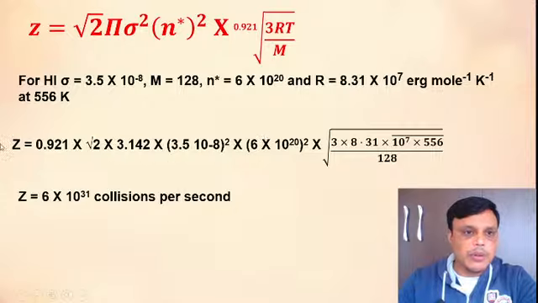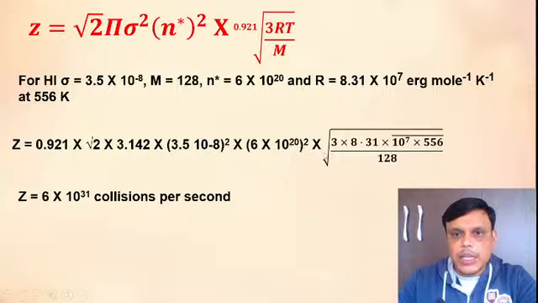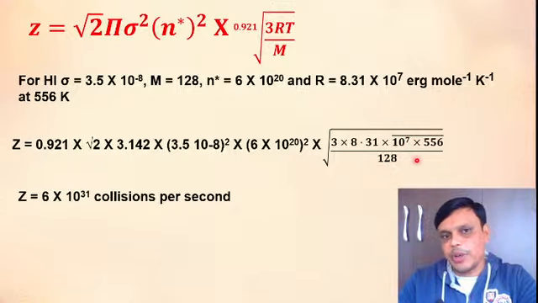After putting these values, Z is equal to 0.921, then under root 2 into pi, which is 3.14, into sigma square, 3.5 into 10 to the power minus 8 square, into n star, 6 into 10 to the power 20 square, multiplied by under root 3 into R, 8.31 into 10 to the power 7, into T, which is 556 Kelvin, divided by molecular weight of HI, that is 128.